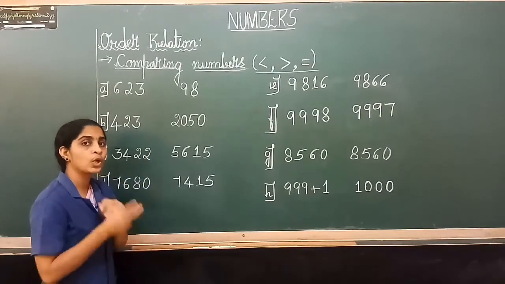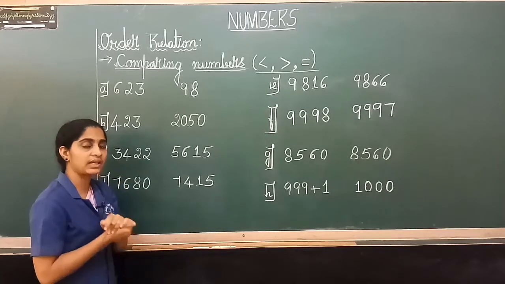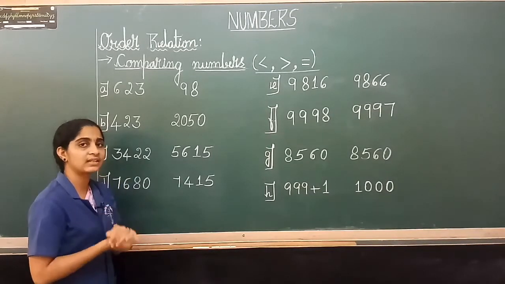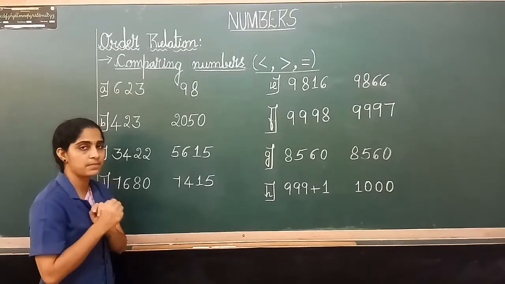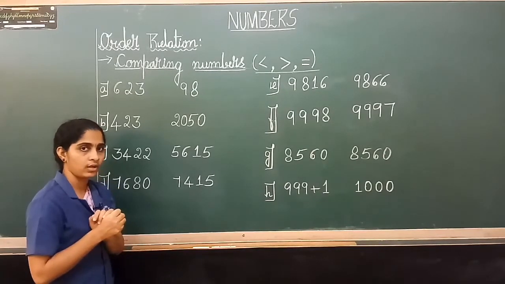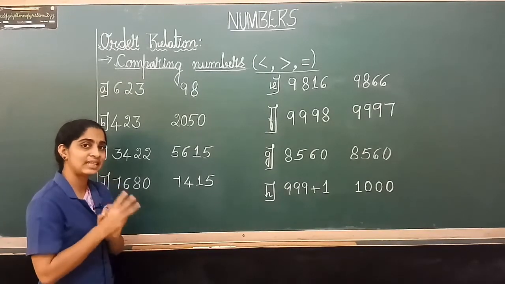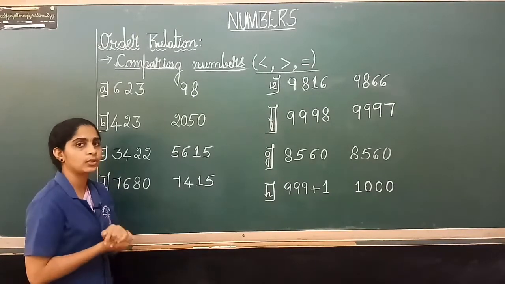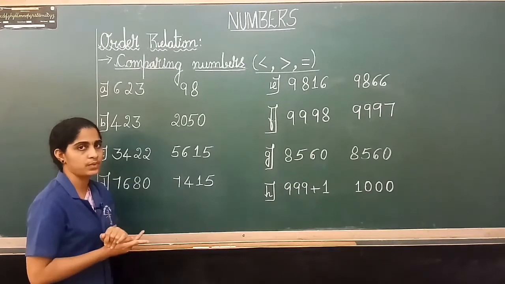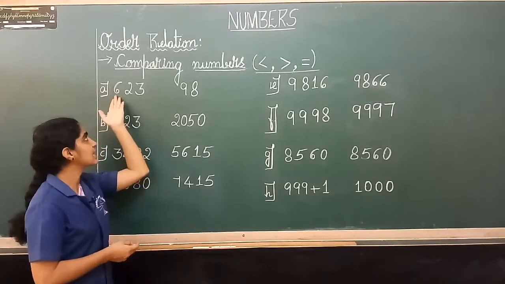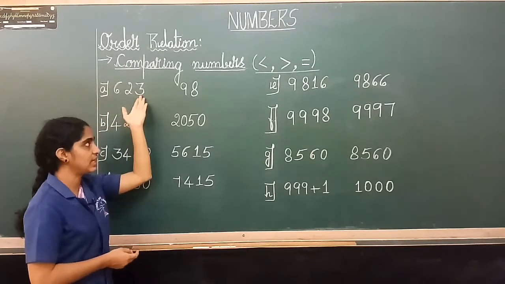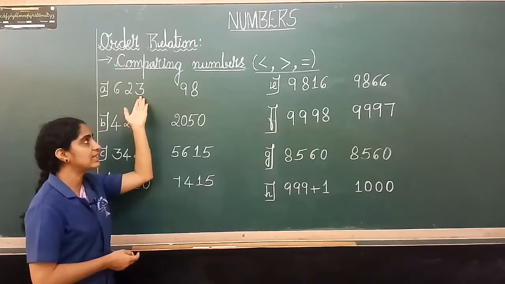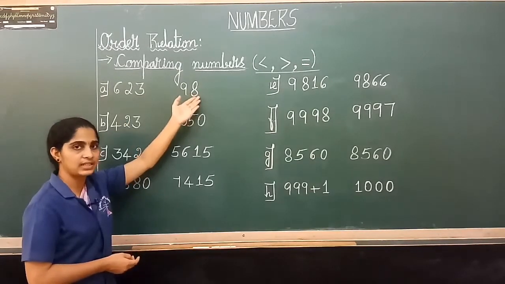You know that a 2-digit number is smaller than a 3-digit number. You can also say a 3-digit number is greater than a 2-digit number. So 623 is greater than 98.